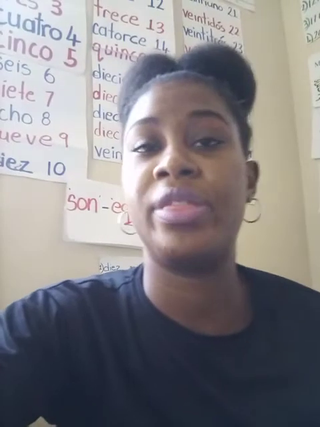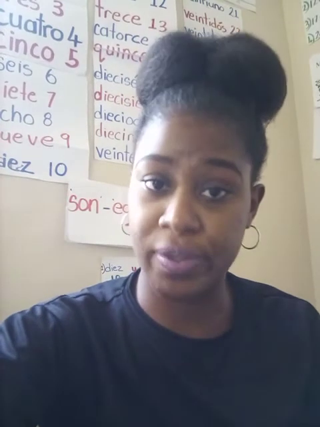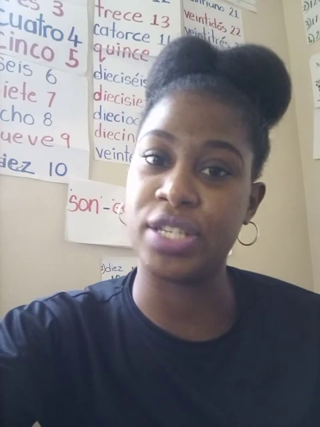So I'll be sending you a list of numbers 1 to 30 in Español, along with the video that you can watch to remind you of how to pronounce these numbers in Spanish, and then also the video to advise you how you can complete the activities on the website that I'm going to be sending you the link for sometime soon.